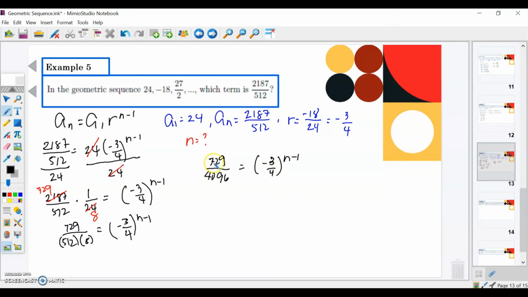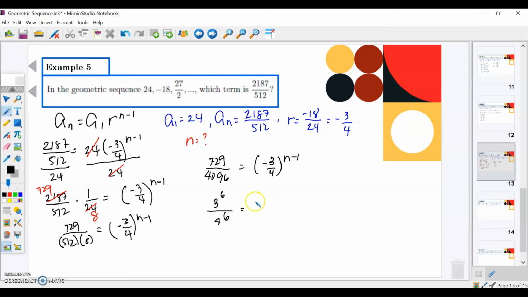Now, 729 can be expressed as a power of 3. And that is, 729 is 3 raised to 6. Same thing with 4,096. 4,096 can be expressed as a power of 4. So, 4,096 is equivalent to 4 raised to 6.